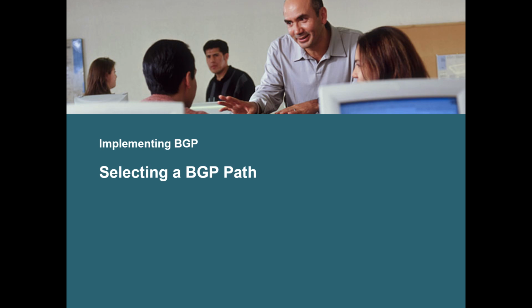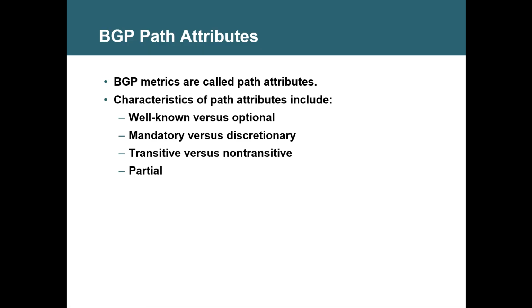Now, as I said, attributes are the reason for choosing a path based on policy. And these attributes are classified according to their characteristics in various categories.